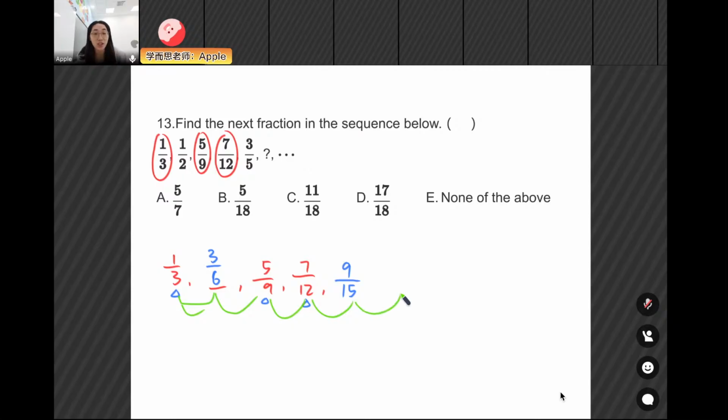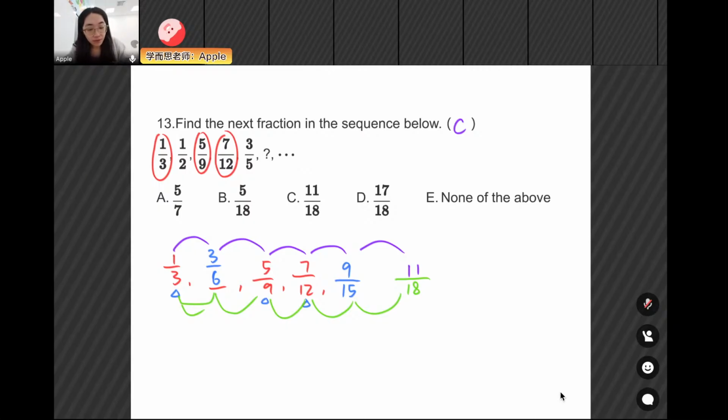So what is the next one? You just add another 3, which is 18. And then what about the numerator? 1, 3, 5, 7, 9. What is the next one? Yes, it is 11. So here we always plus 2. So actually this answer should be 11 over 18.